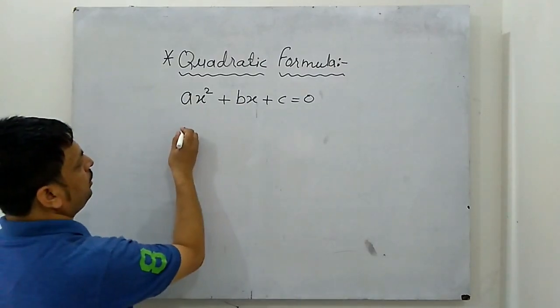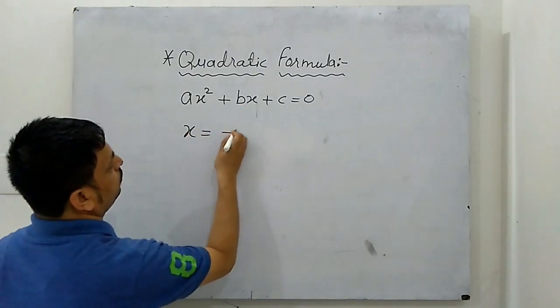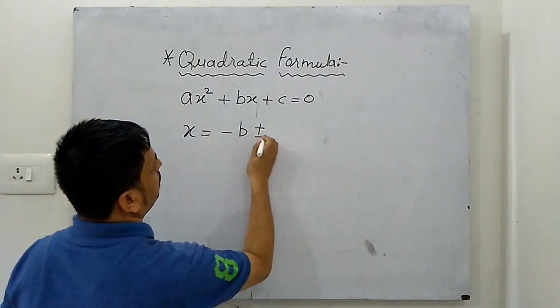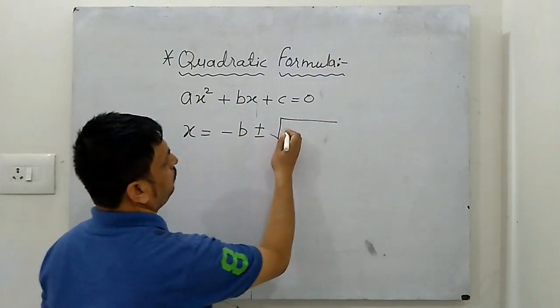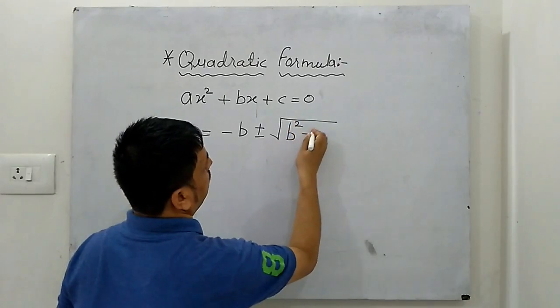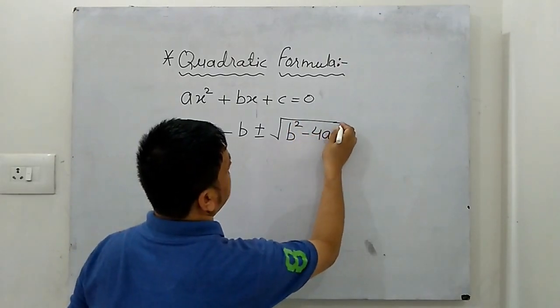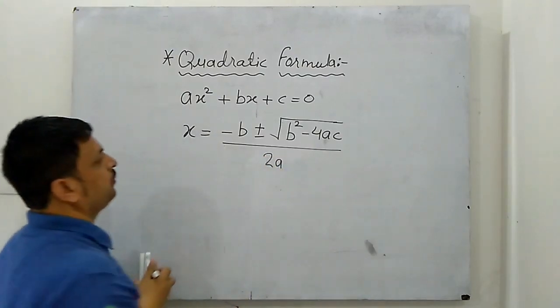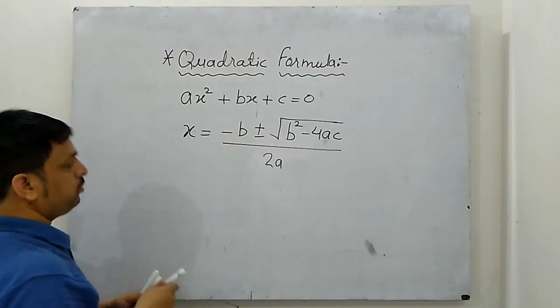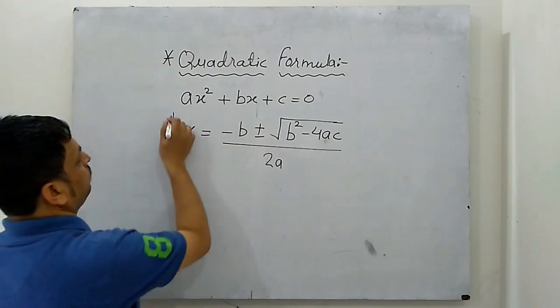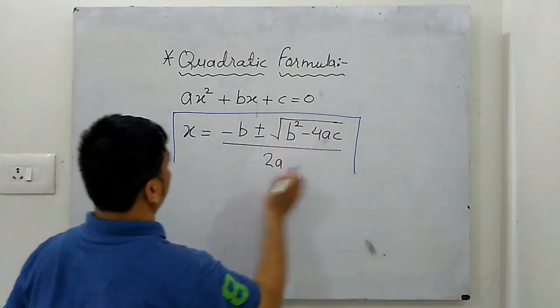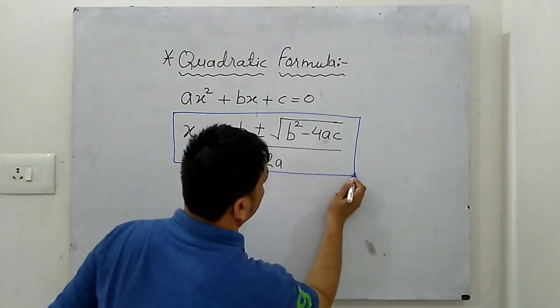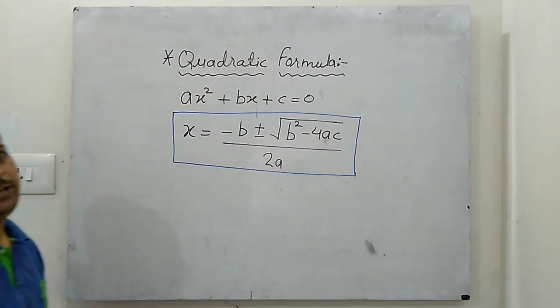What is the formula? x is equal to minus b plus minus under root b square minus 4ac divided by 2a. This formula is called the quadratic formula. You have to learn this formula to find the roots of the equation.